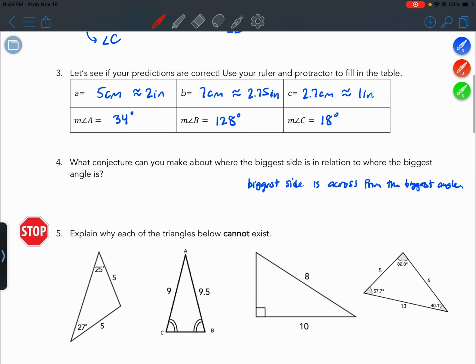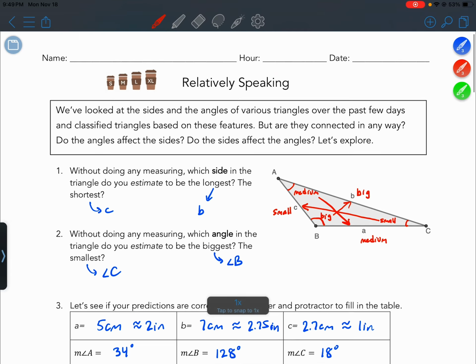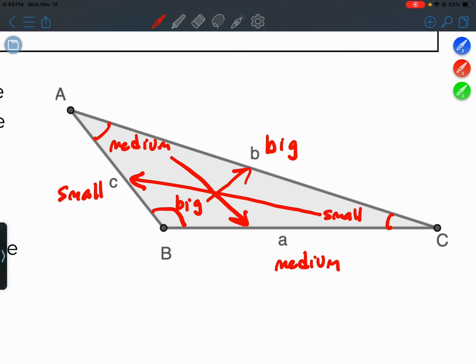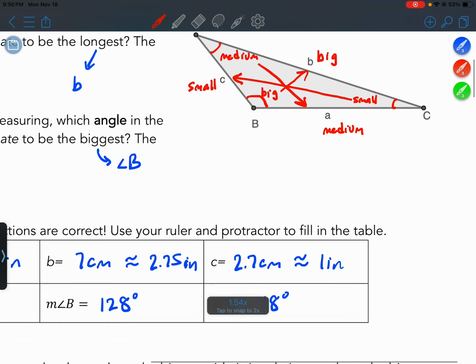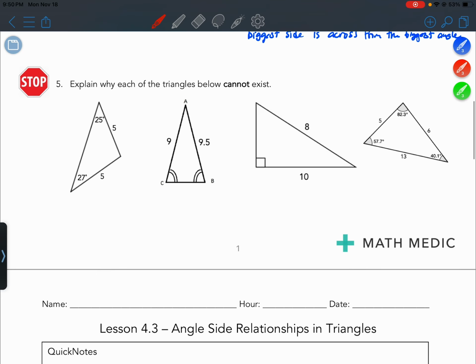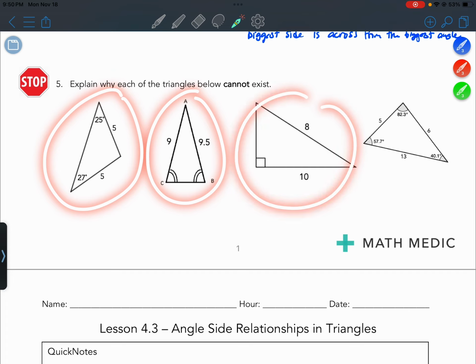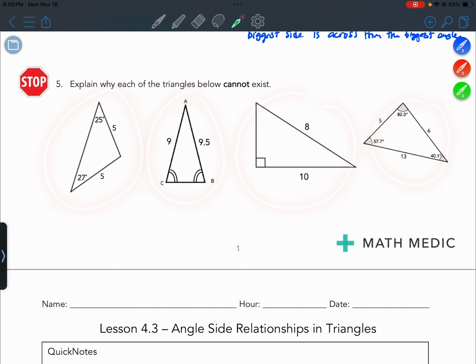All right, so now that you know that relationship, big angles across from big side, small angles across from small side, medium angles across from medium side, use that fact to explain why each of these 4 triangles is impossible. Give a reason why they cannot exist.